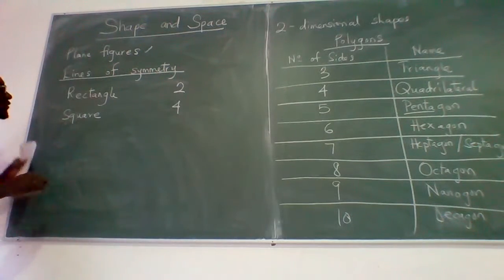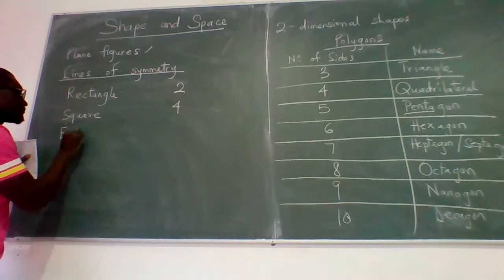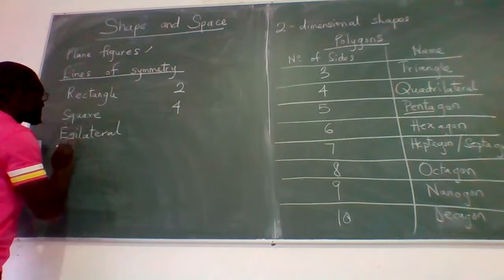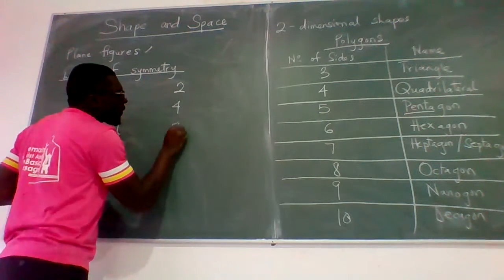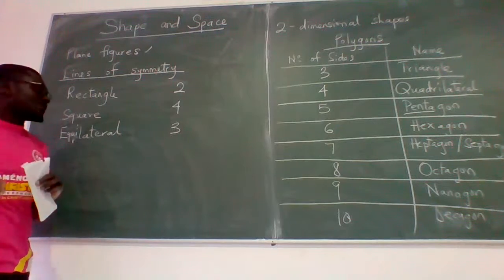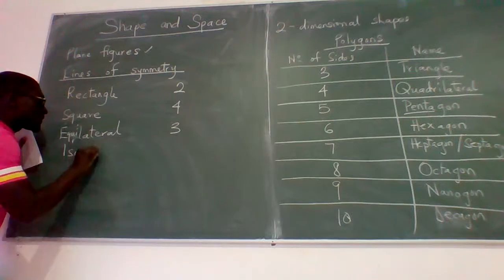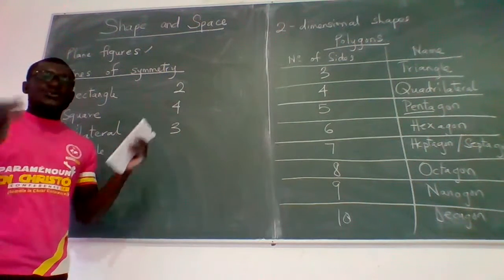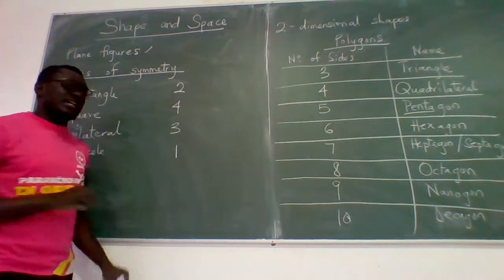For the triangles, if you have an equilateral triangle, we have all sides being equal, so you can fold each one on top of the other. When you take the isosceles triangle that has 2 sides equal, it means that the line of symmetry there is just 1.